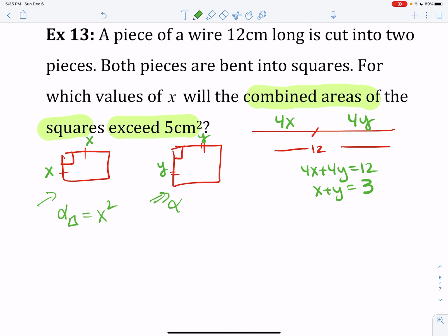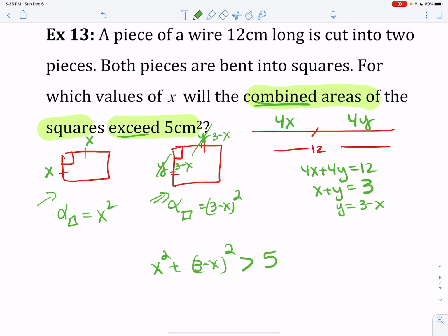The area of this square, well, if x plus y is equal to 3, I know y is equal to 3 minus x. So the area of this square is 3 minus x, quantity squared. I need to add those 2 areas: x squared plus 3 minus x, quantity squared, and it has to exceed, which means it is going to be greater than 5.